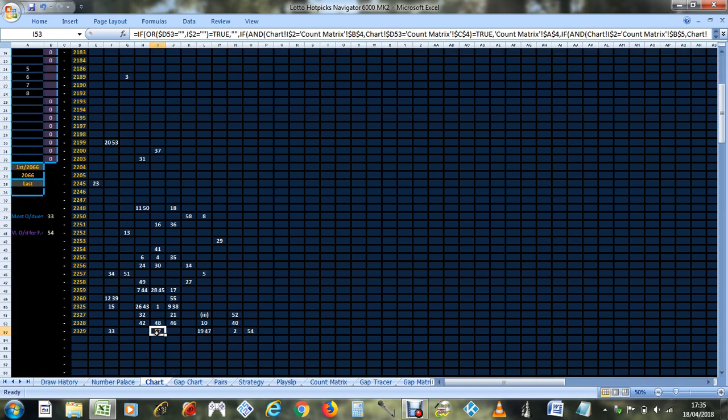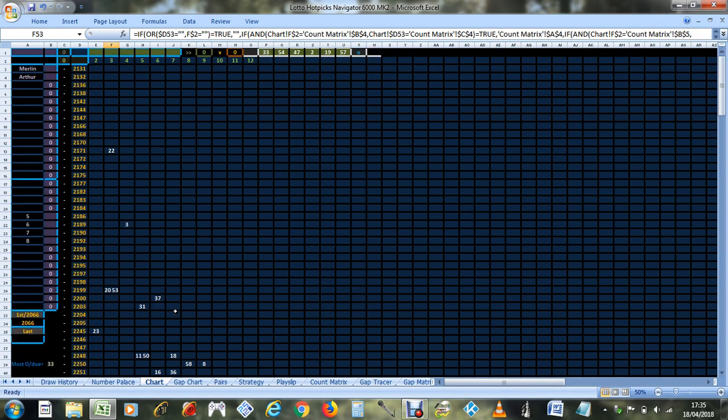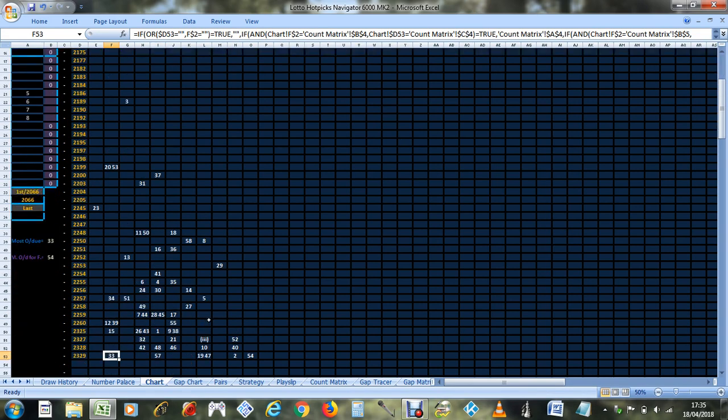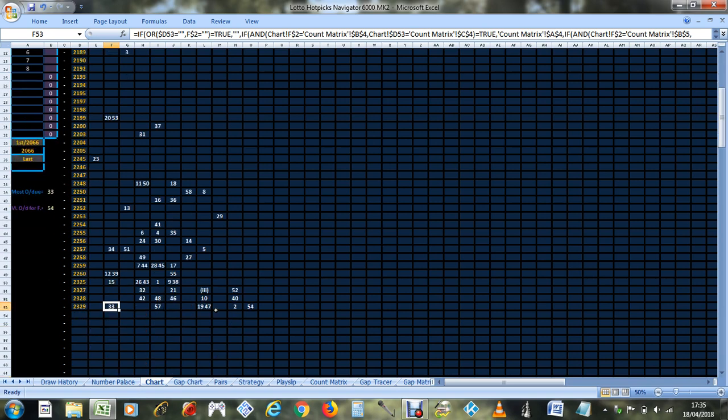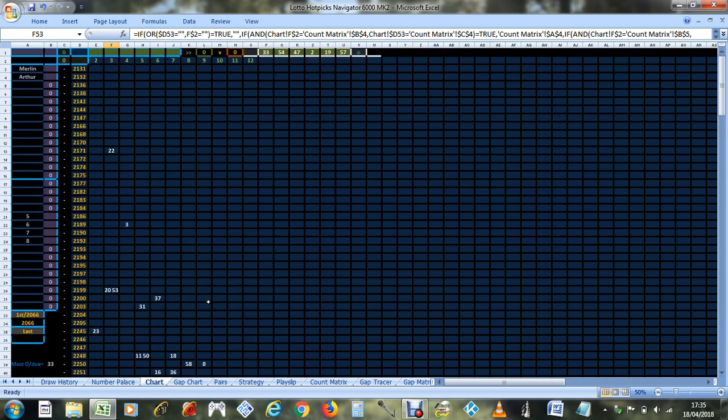So it's not a bad approximation. It's not exactly in strict accord with the laws of averages, but it's roughly showing that it is possible for these numbers to land in these squares.